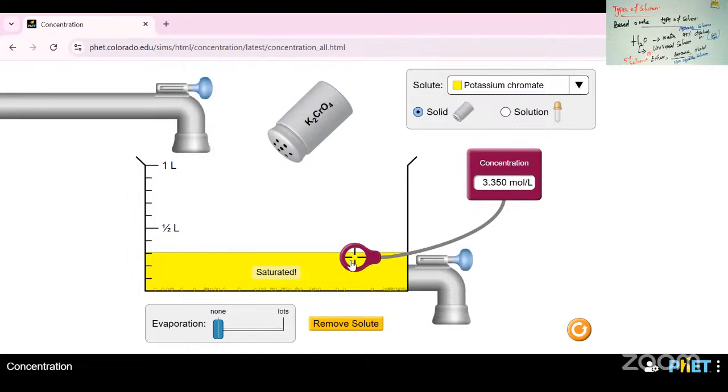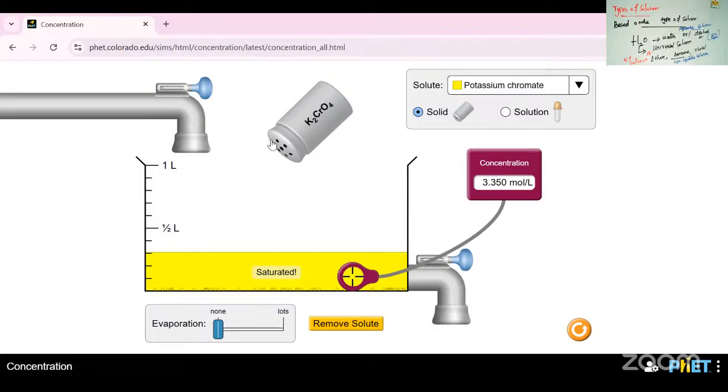Yes. See here, the saturated. Yes, the saturated term is what we are reading here. Why is it called saturated? Because the solvent quantity is lesser compared to the solute quantity.